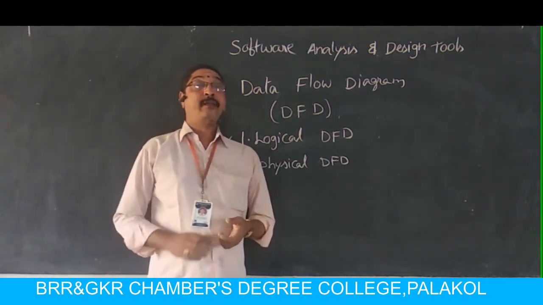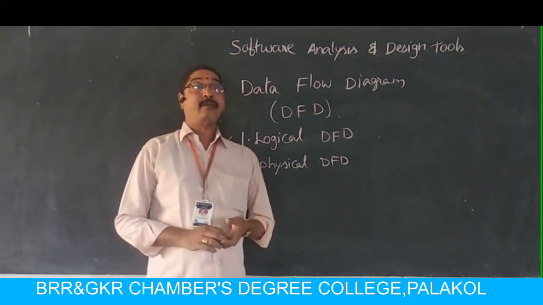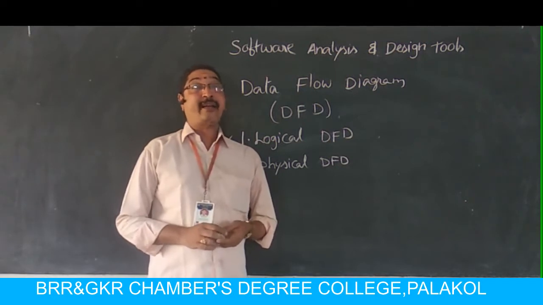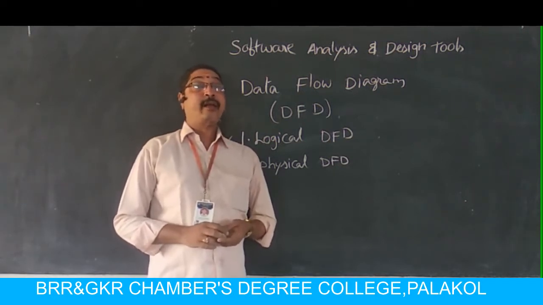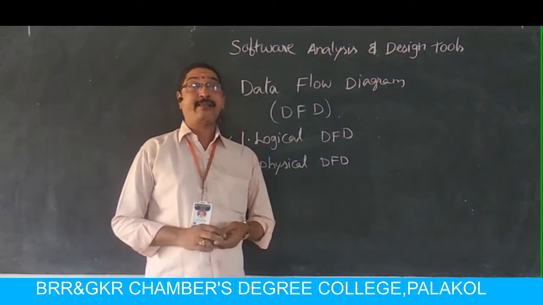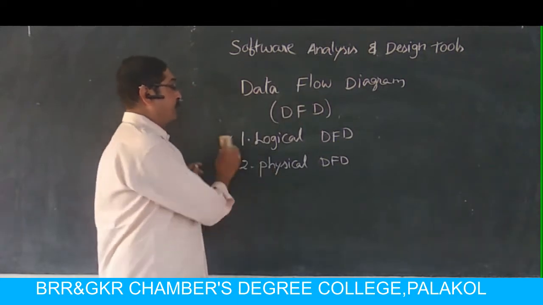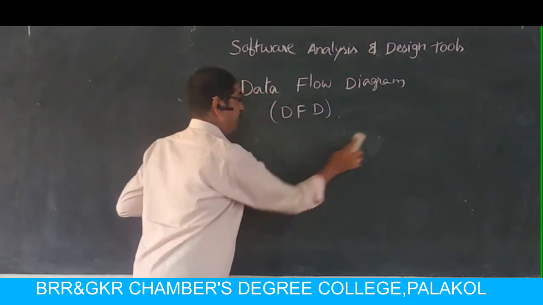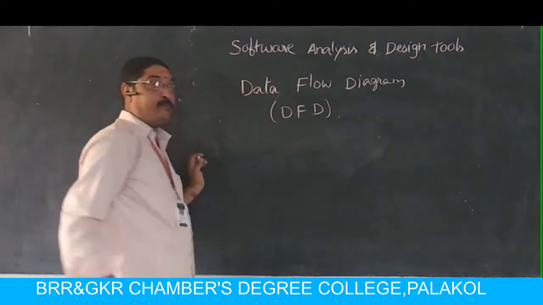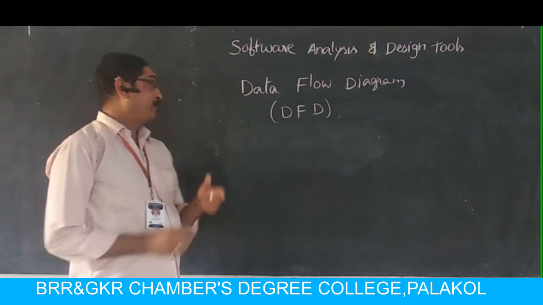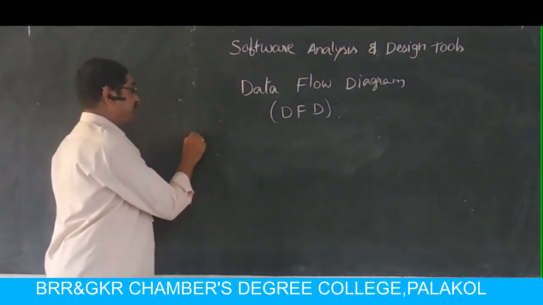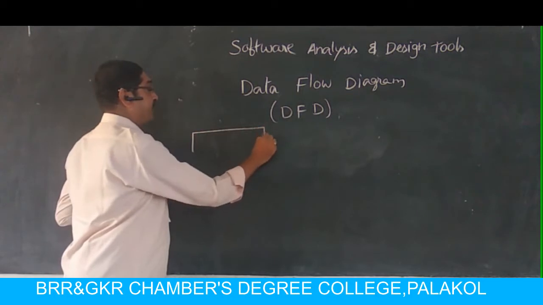Now we have some symbols that will be used in these data flow diagrams. Let us discuss all these symbols one by one and let us work with some examples also. First, we have a symbol which is a rectangle.